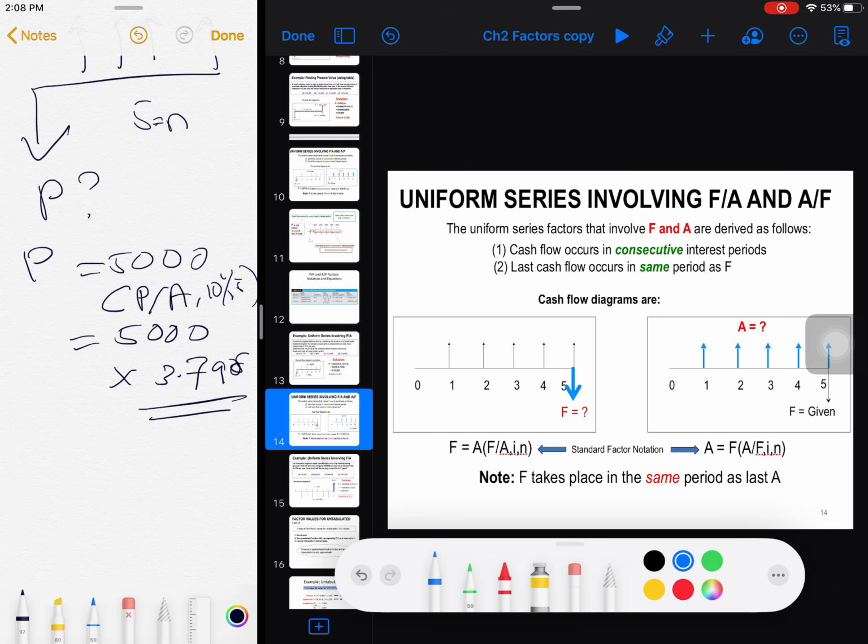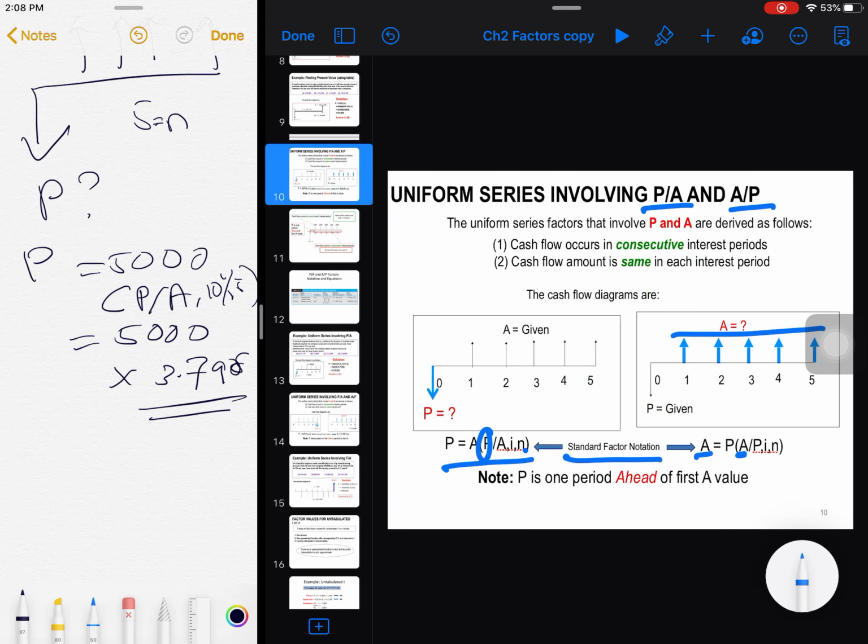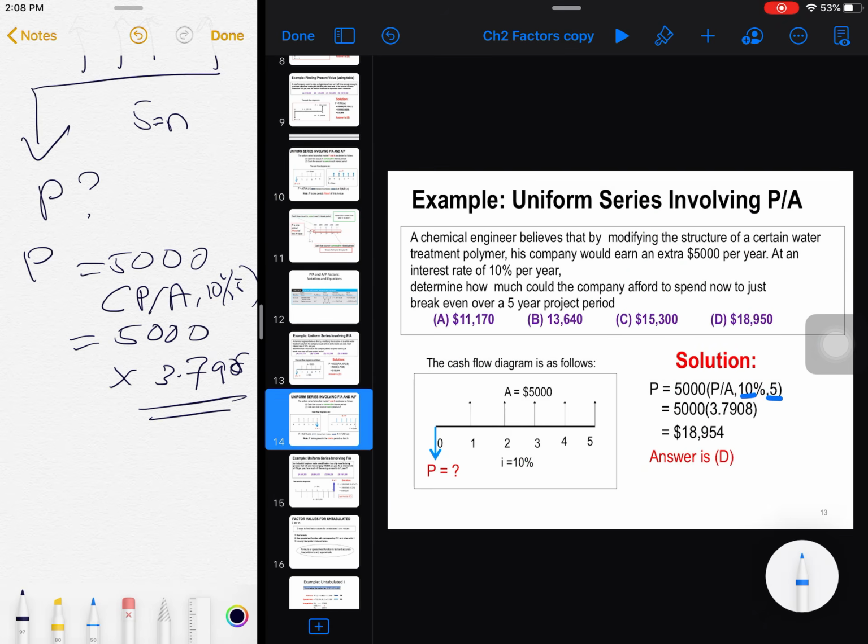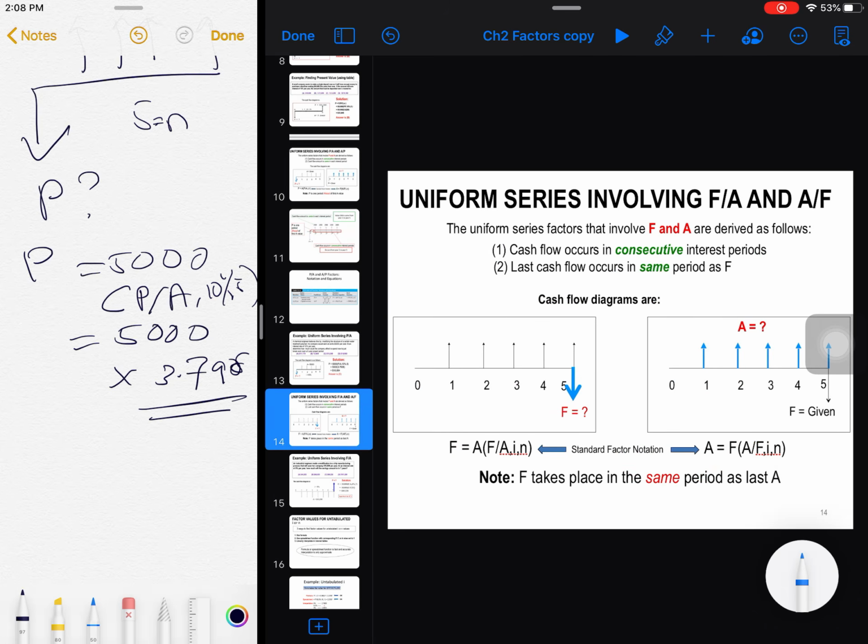What's the difference? If you solve for P and A, the cash flow amount is the same in each interest period. If you solve for F, the last cash flow occurs in the same period as F. What does it mean?